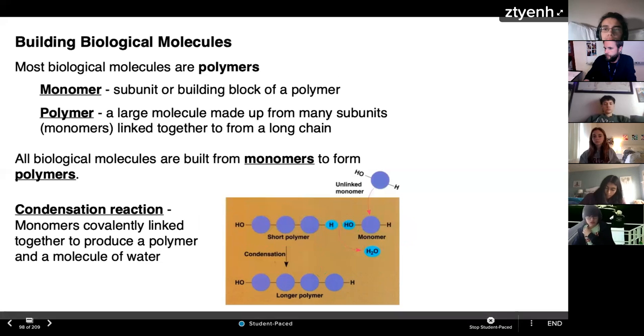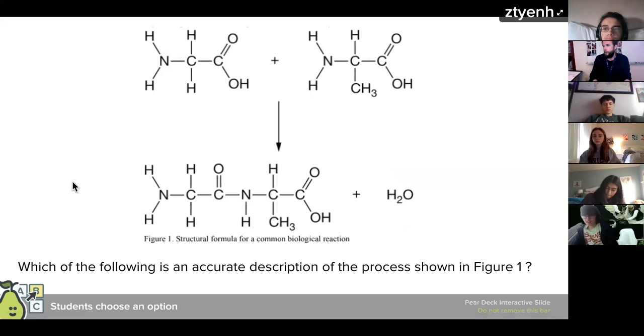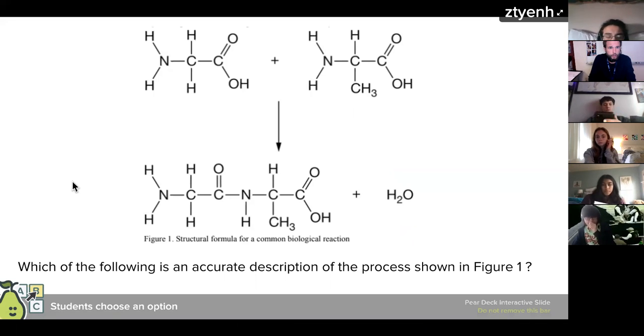This is an AP practice question. It's a multiple choice question. Two molecules, you probably don't recognize them, but you might recognize their functional groups. Which answer makes the most sense to you?